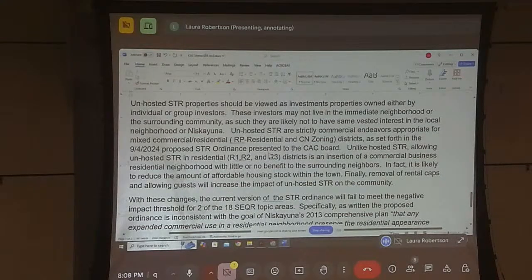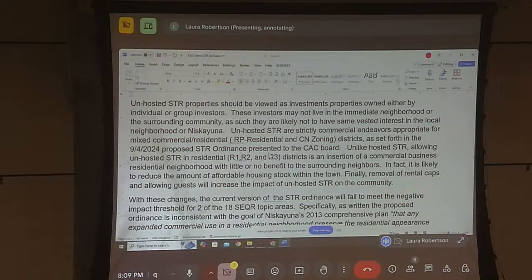As such, they are likely not to have the same vested interest in the local neighborhood or in Niskayuna. Unhosted short-term rentals are strictly commercial endeavors appropriate for mixed commercial residential districts, as set forth in the 9/4/2024 proposed short-term rental ordinance presented to the CAC board.